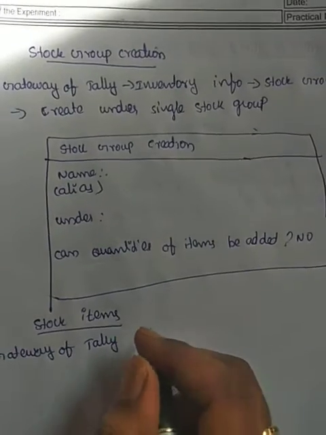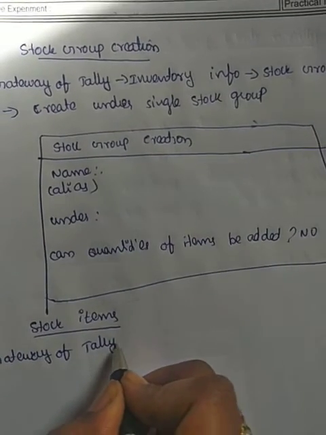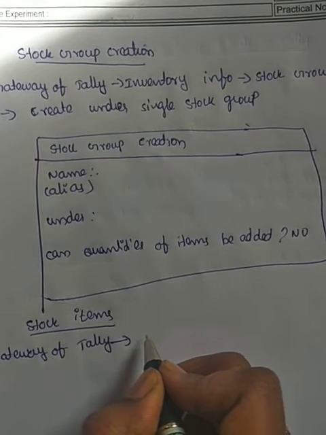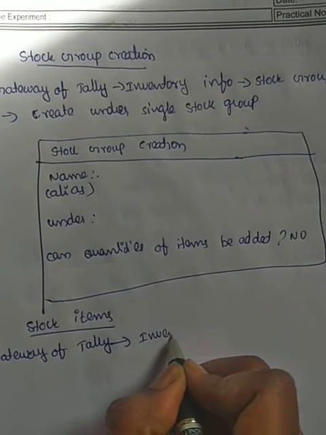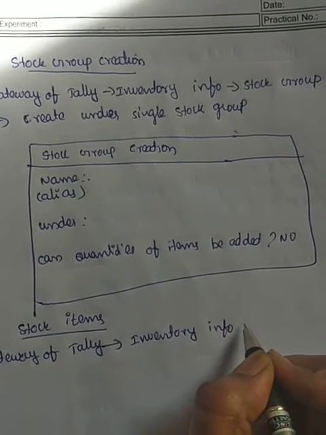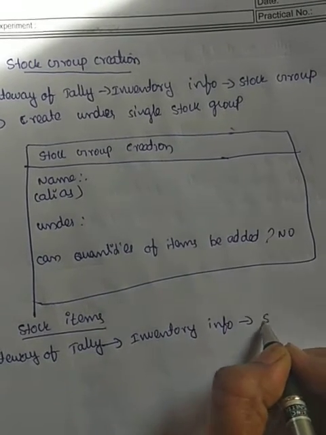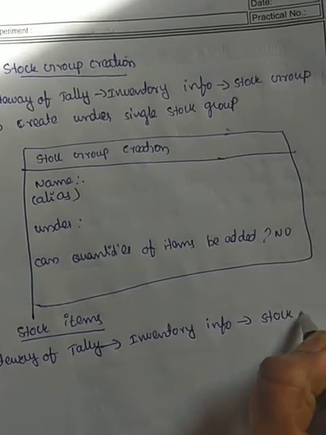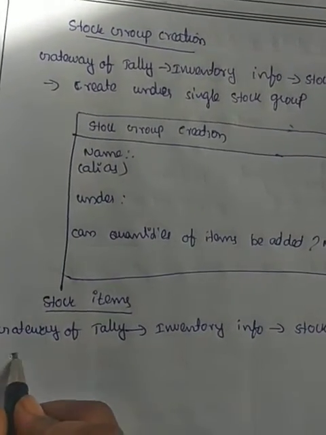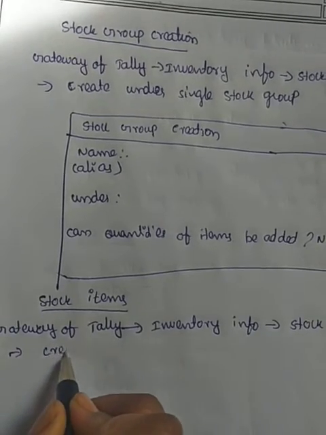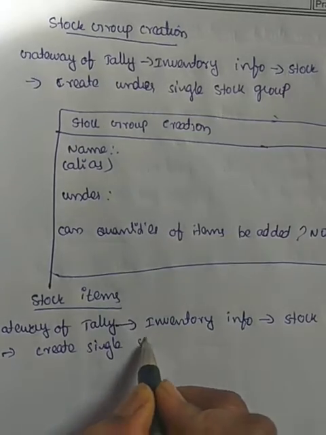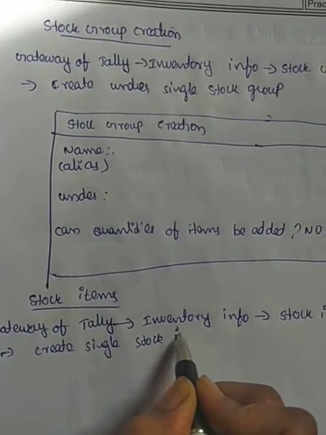Gateway of Tally, then inventory info, then stock item, then create single stock item.